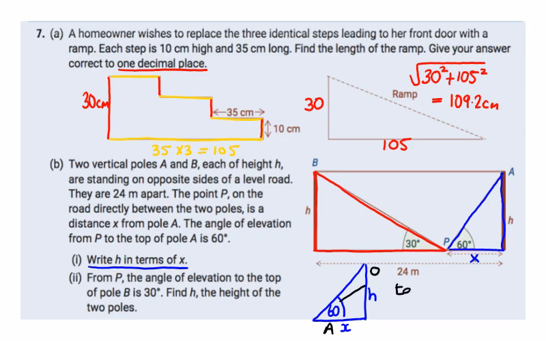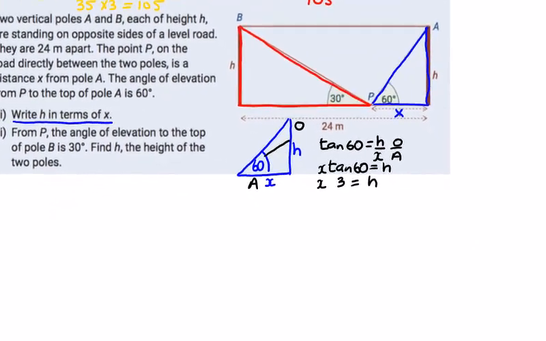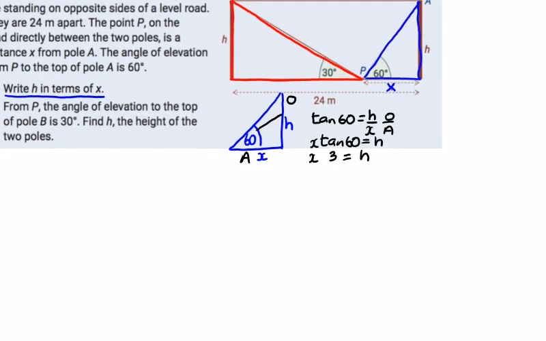So we're going to say the tan of 60 is equal to O over A, which is H over X. So X tan 60, which is root 3, is equal to H. So root 3x, not root x, root 3x, or x root 3 equals H. So now we have to use the other triangle to get x in terms of H as well.